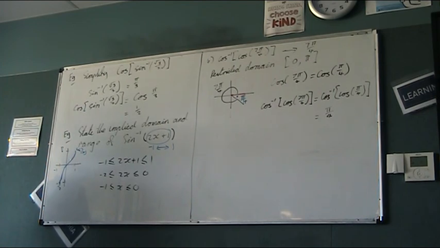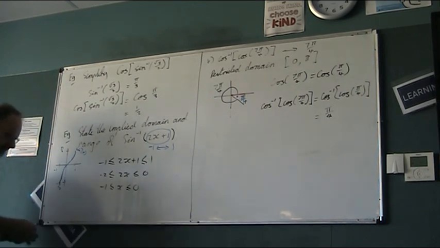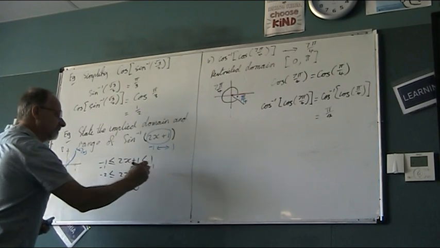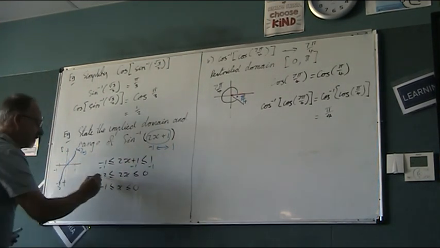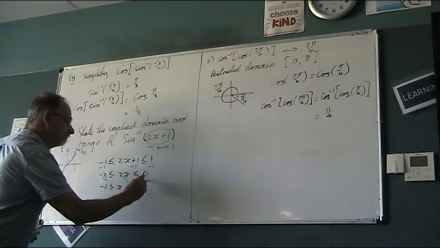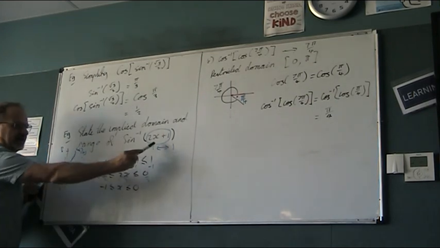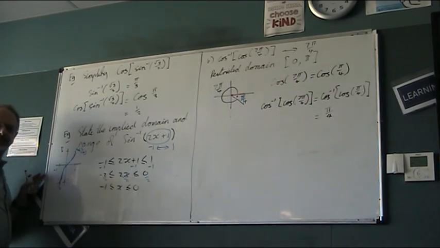So then I've taken 1 from everything, and then I've divided by 2. So the x that goes into this has got to be between minus 1 and 0. That makes sense now.